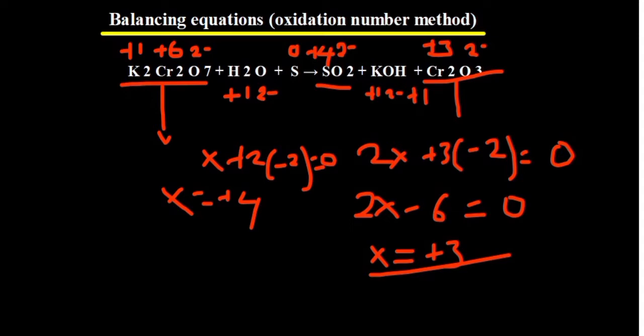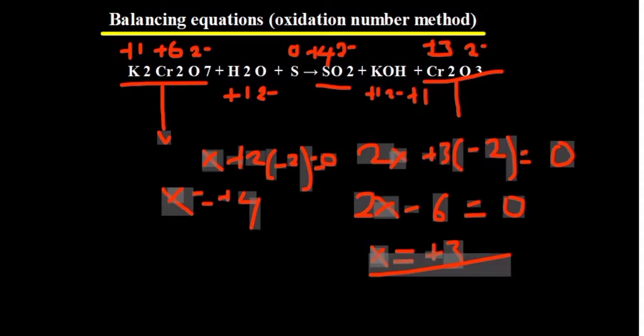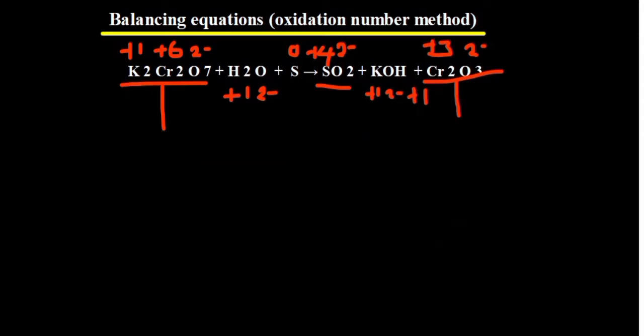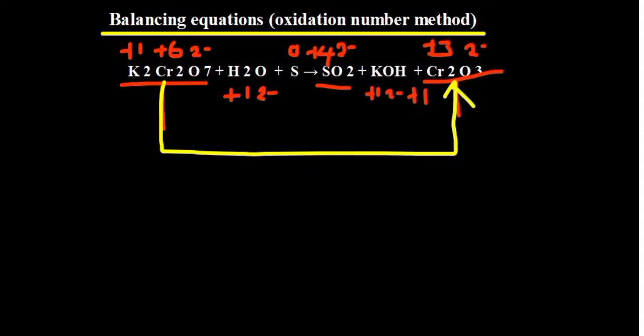Okay, let's try to now come up with the half reactions. Where have we noticed a change in terms of oxidation numbers? Okay, so I'll start with chromium. It's moving from 6 all the way down to 3. So what's the change here? It's a decrease by 3.